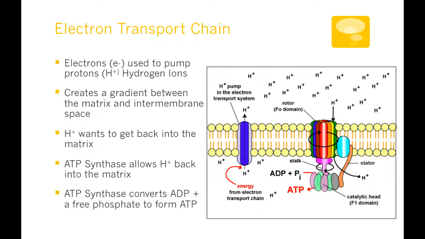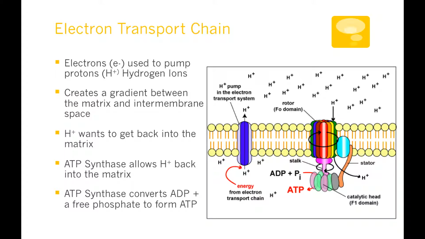ATP synthase uses this gradient built by the electron transport system to allow the hydrogen ions back into the matrix, and it uses the energy of this transport back across the membrane to convert ADP and a free phosphate into ATP.